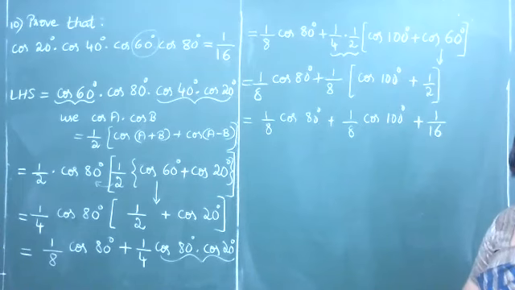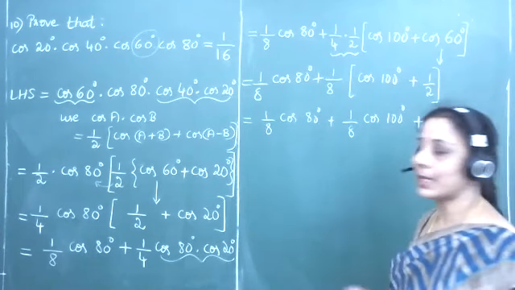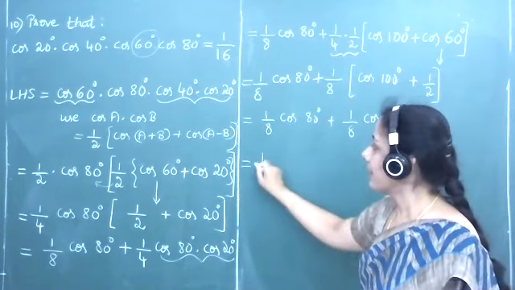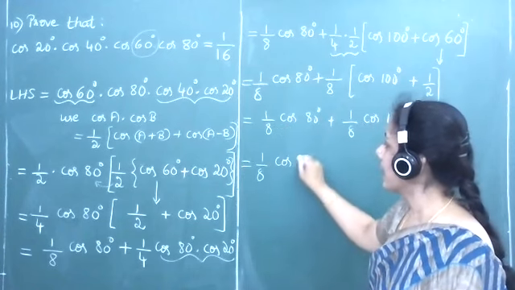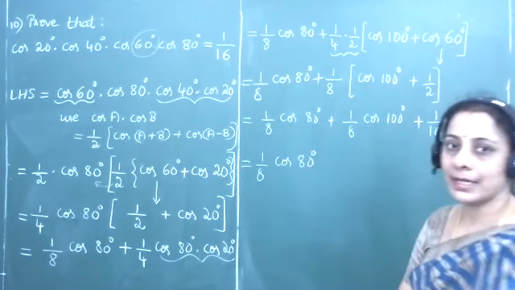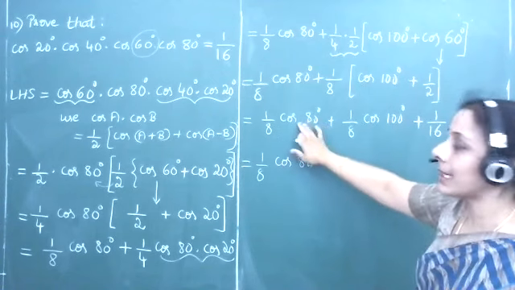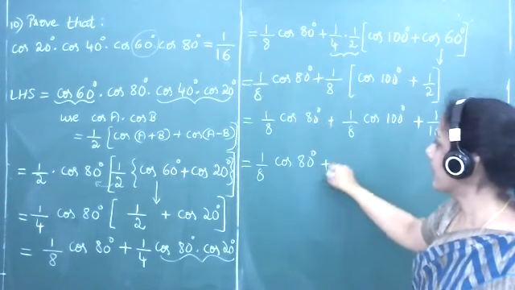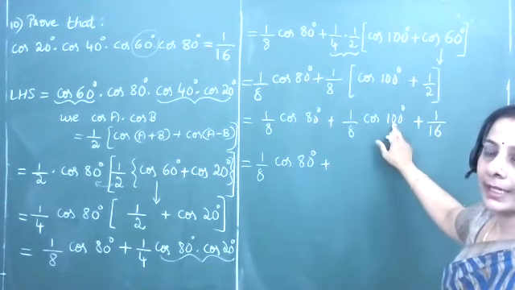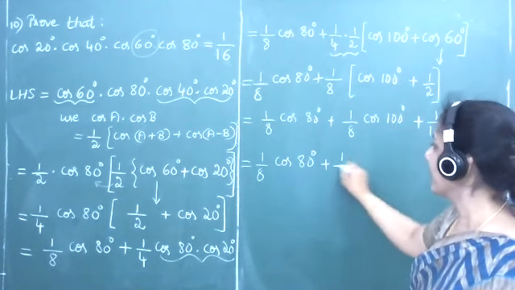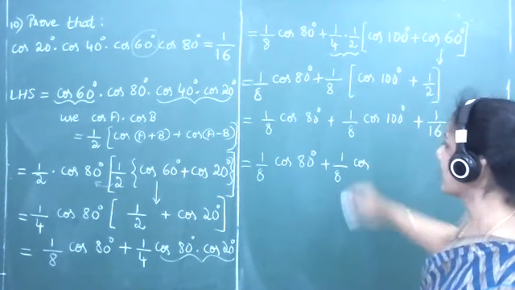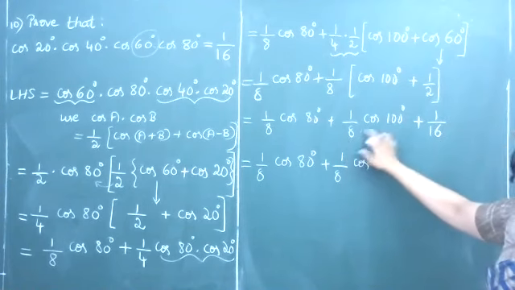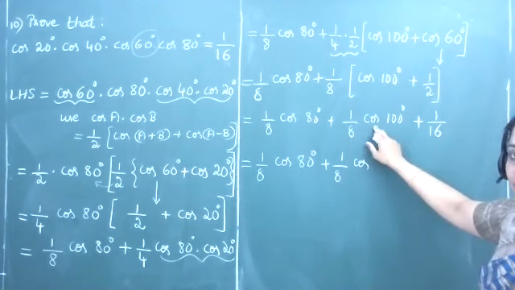Towards that I have to take certain rearrangements. So what is that? This 1 by 8 into cos 80 degrees I can retain as it is. I will rewrite it as it is. I am not going to change the first term. I will make a small alteration here in the second angle, that is 100 degrees. 1 by 8 cos, retain the coefficient as it is, retain the function cos also as it is.